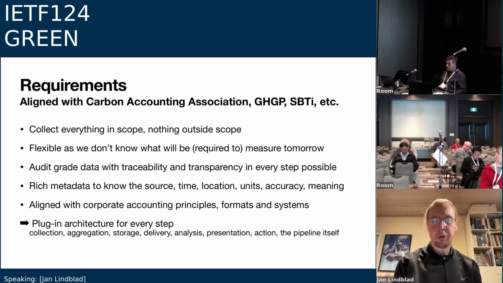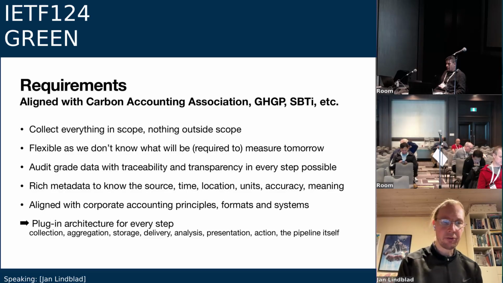And as the political landscape changes and the accounting principles evolve, we need to have the flexibility to align with them, and we need to have as a goal to align with them, because we need to deliver data that is useful to corporations. And the bottom line here is that we need a plugin architecture where you have these functions for collection, aggregation, storage, delivery, analysis, presentation, and action.